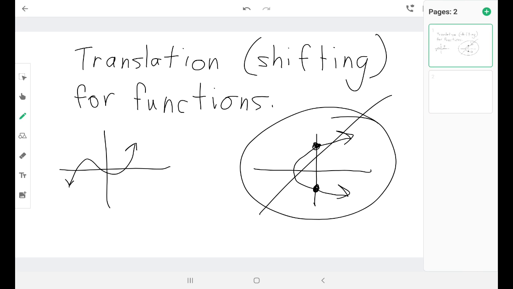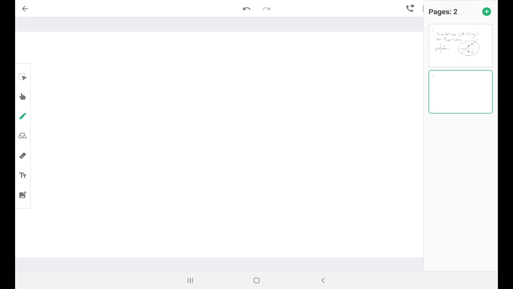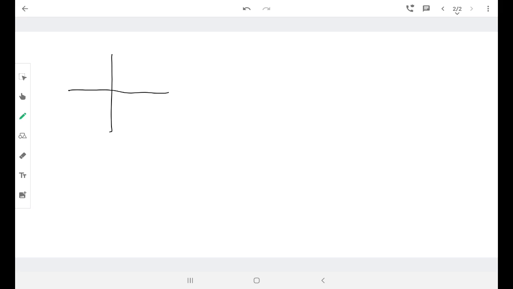And what I really want to talk about is how we do shifting with functions. And I'm going to talk about this in very generic terms. So let's say we have a base function that does this. That's a function. Let me be a little more careful here.